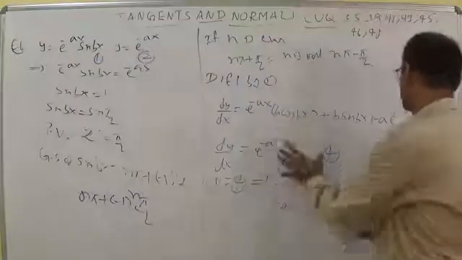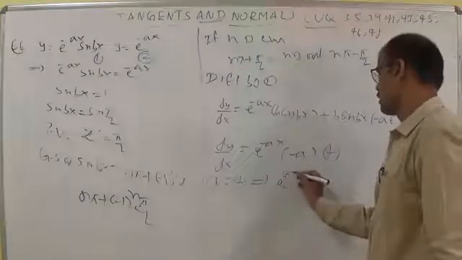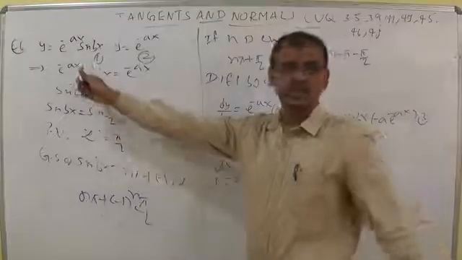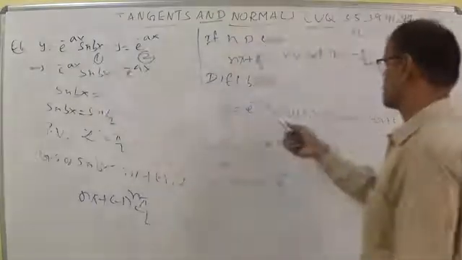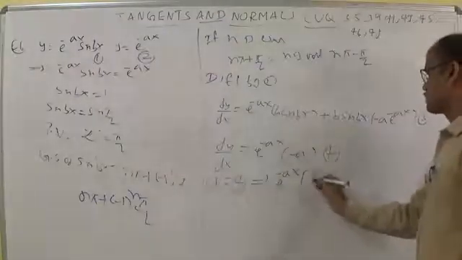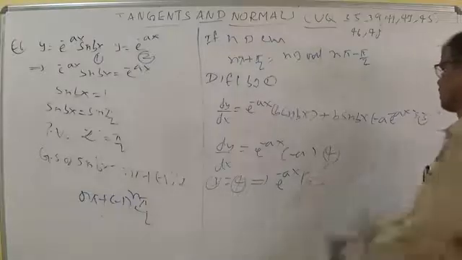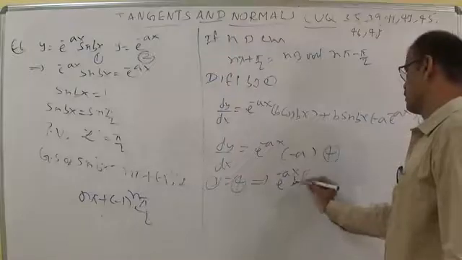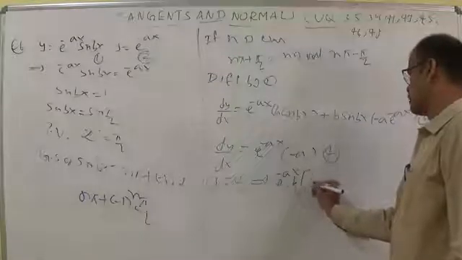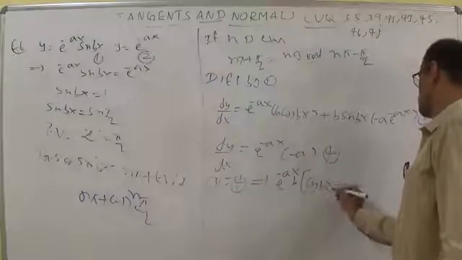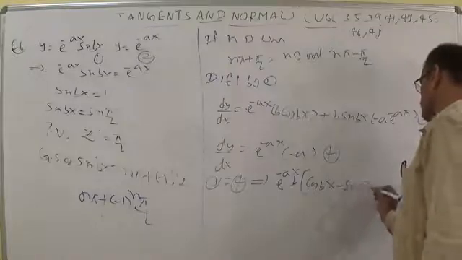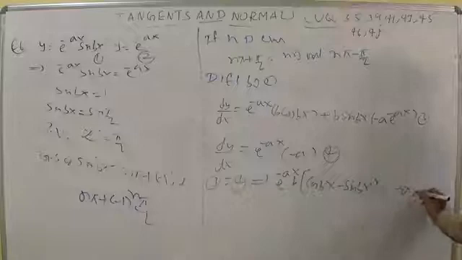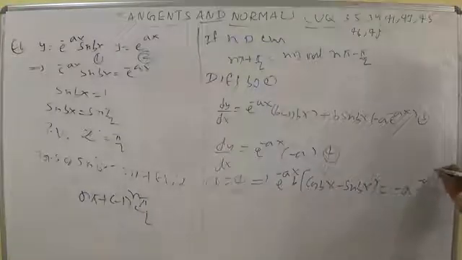Now in the first equation we can take e power minus ax common. This one we have taken using uv dash plus vu dash. Next, whenever you take e power minus ax, b also we can take common. In the first it becomes cos bx minus sin bx, which is equal to minus a e power minus ax.